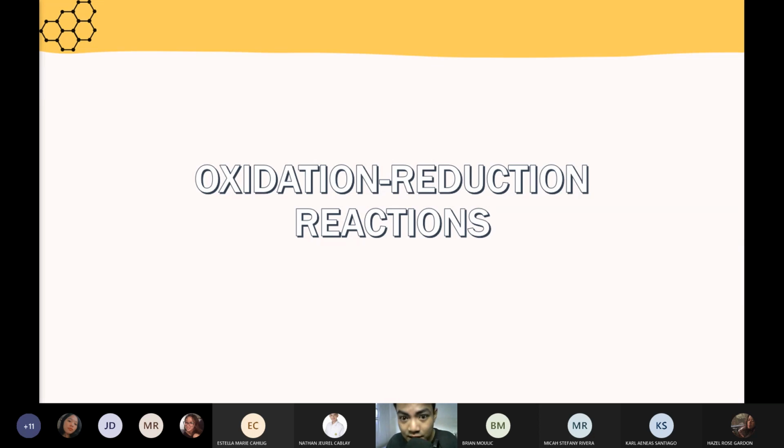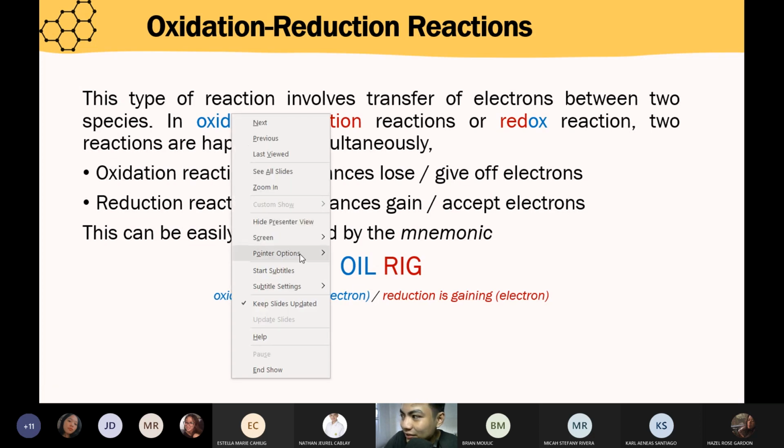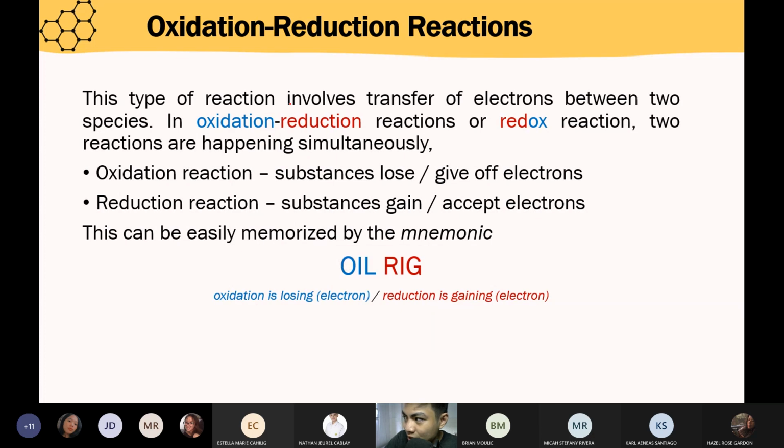So the last type of reactions in aqueous solution is the oxidation reduction reaction, also called the redox reaction. Bakit siya naging redox? The red comes from the reduction and the ox comes from the oxidation.